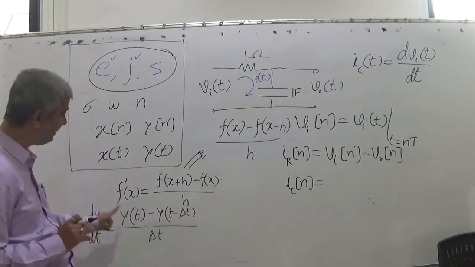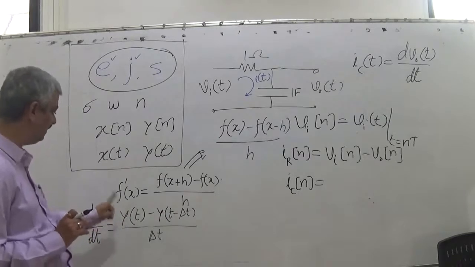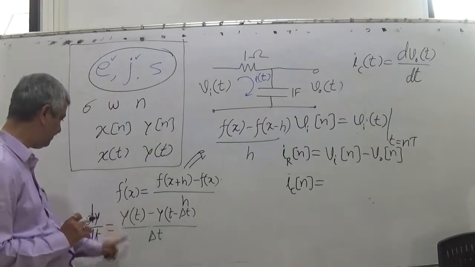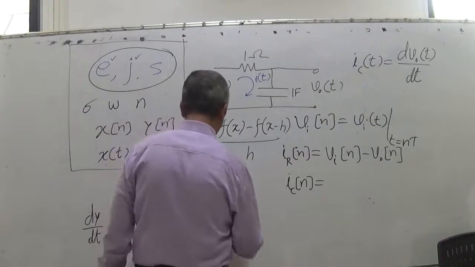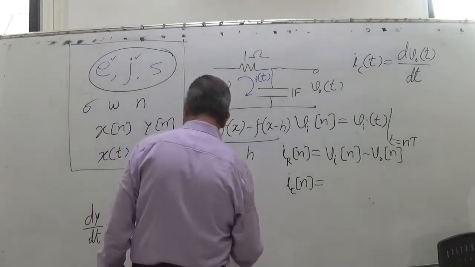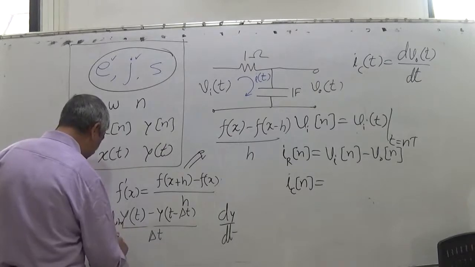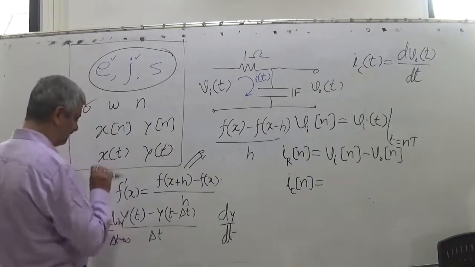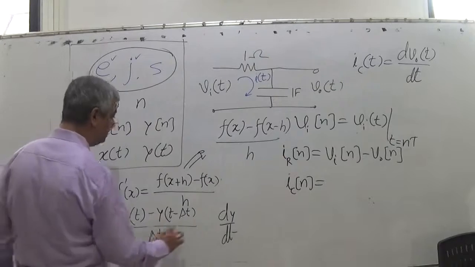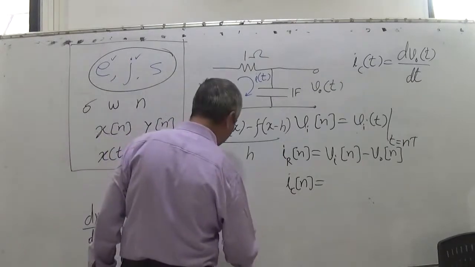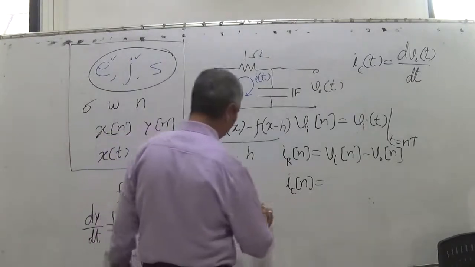So if I sample the nth sample, then dy by dt, and this is the limit as delta t tends to 0. If delta t is sufficiently small, as small as capital T, then dy by dt will be approximately equal to y of t. What is y of t?